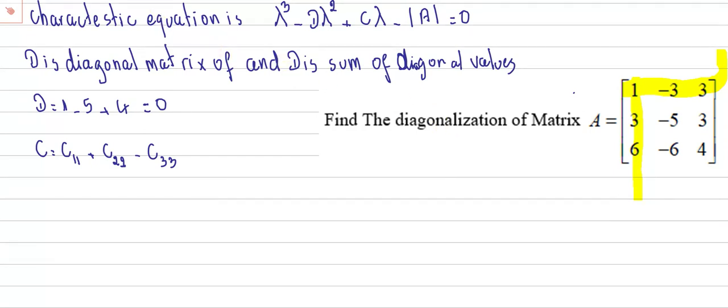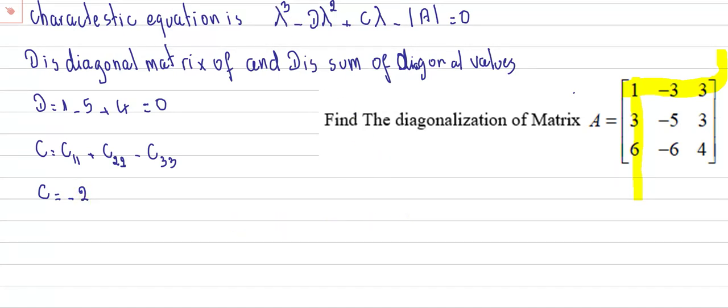So we got 20 minus 20 and plus 18, so it is minus 2.